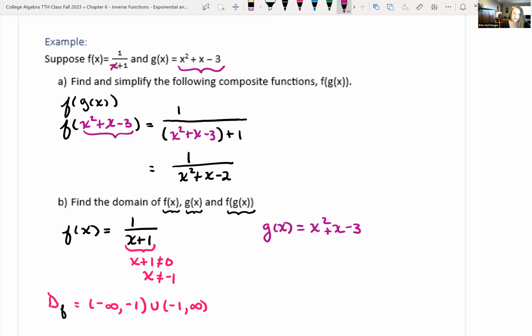It doesn't have any even-powered radicals, it doesn't have any variables in the denominator, and it's not a log function. So we don't have to worry about values, and our domain of g is all real numbers.